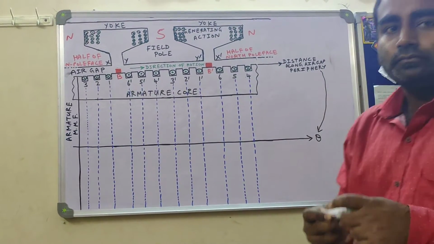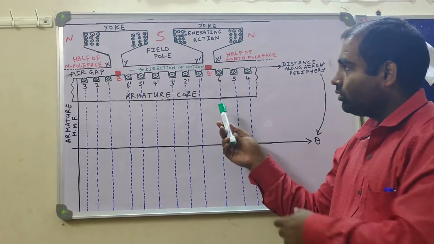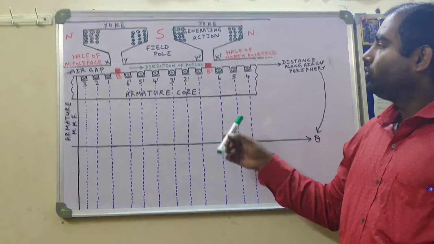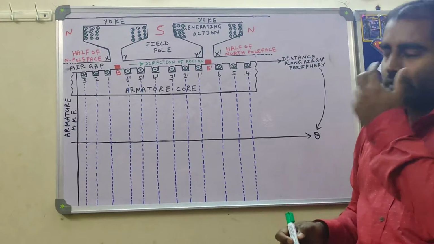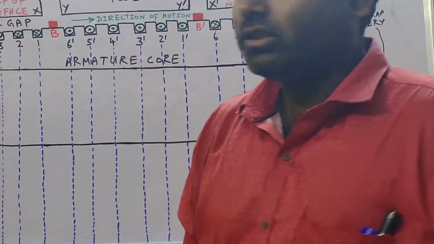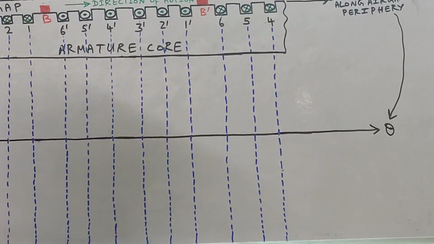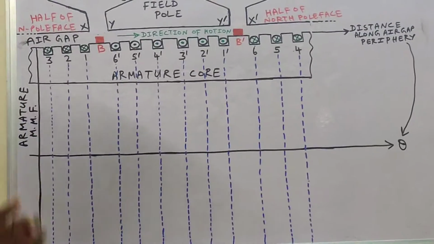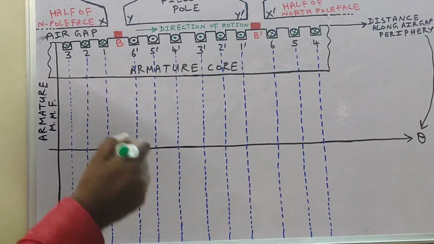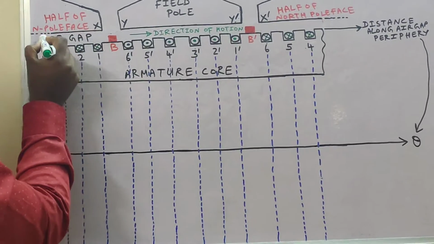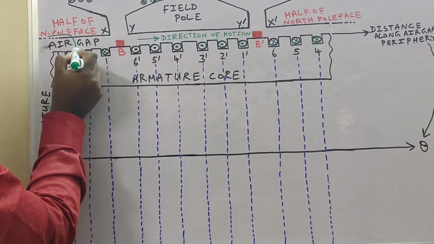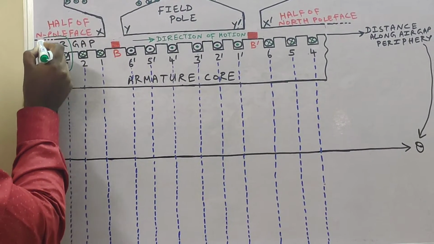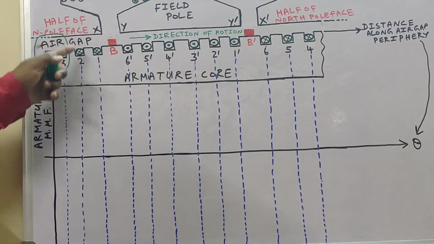Please look at the board. What we have to do is apply Ampere's circuital law. For applying it, we take a closed path. So first closed path, let's say we are taking like this. This is my first closed path.